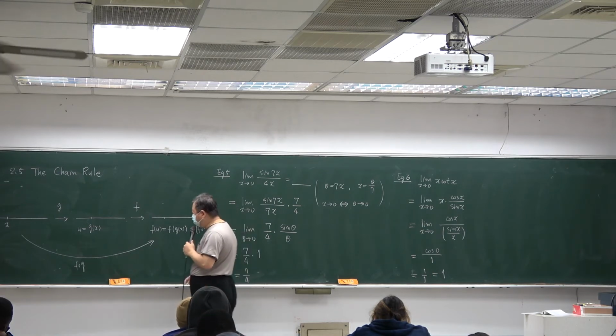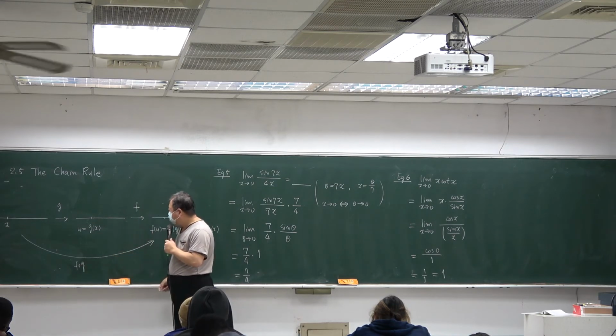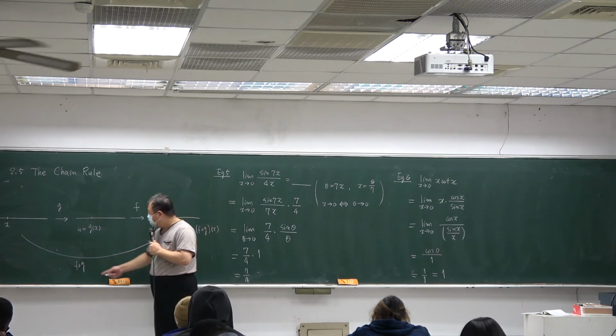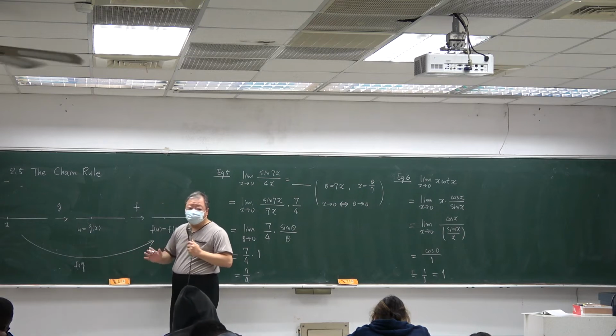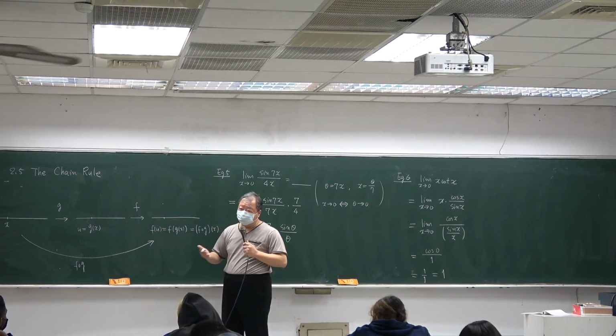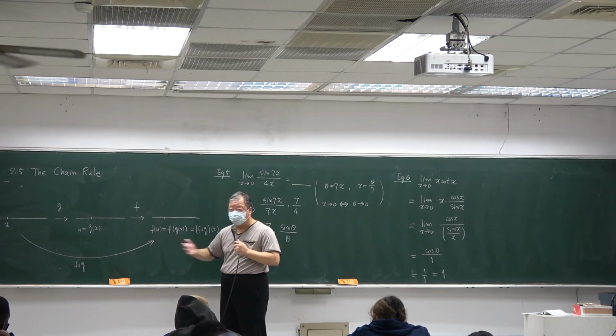Okay, this f circle g is not f product g. Product means multiplication, but this is composition.